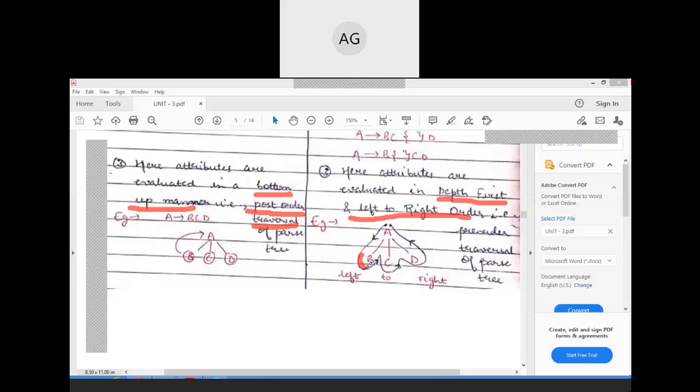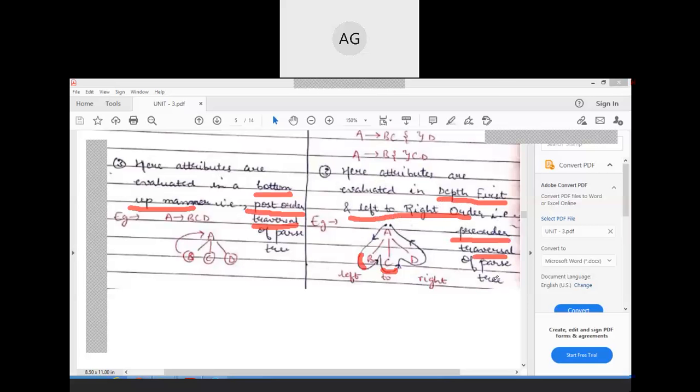Then we are moving from B to C. Then we are moving from C to D, and after that we are again coming to A. So we are following the depth first and left to right order. So this type of order is also known as the pre-order traversal of the parse tree.